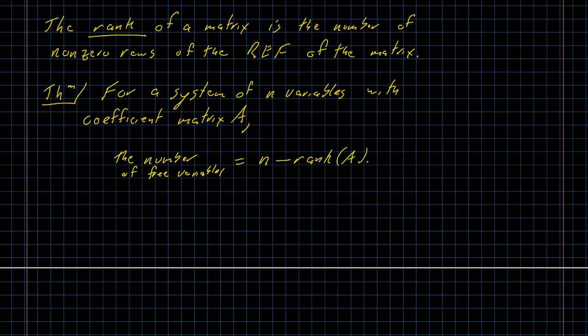For a system of n variables with coefficient matrix A, the number of free variables in the solution is n minus the rank of A.